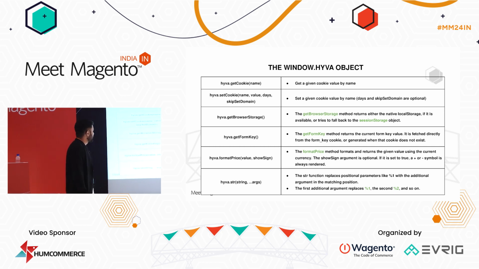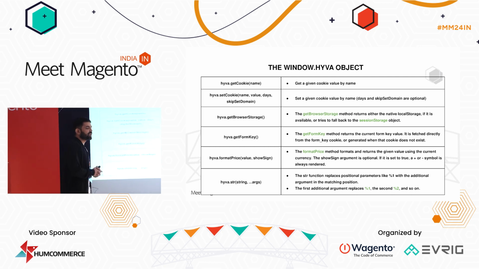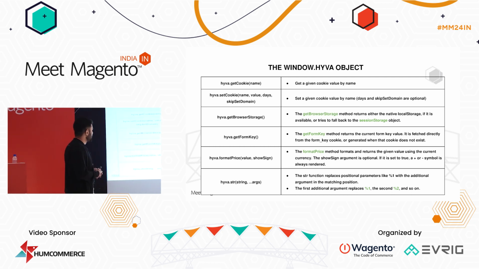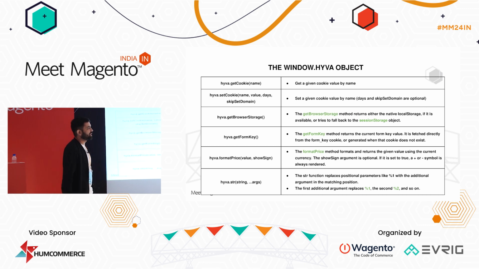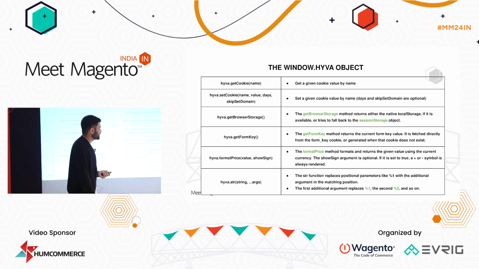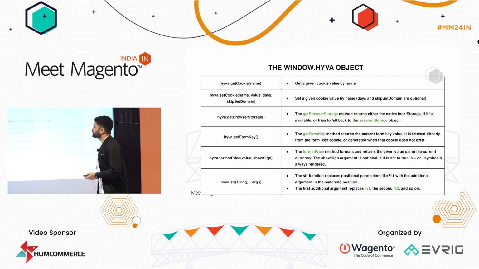There is also a function like Hyva.formatPrice, which we can use for the PDP page and the category page to format the pricing, and Hyva.str, which is for argument replacement in any string, like using underscore and some percent attributes for extra arguments in our string. This is a replacement you can use in template files.